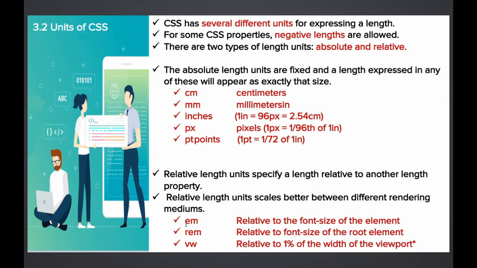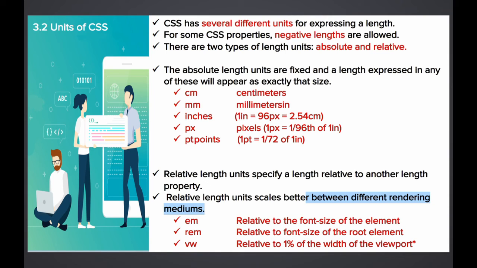Now we need relative length units. The relative length units are better if your potential visitors are using different devices for accessing your website. Let's say one is using a tablet, another a mobile phone, and another a desktop. In that scenario, you should not use absolute length units.